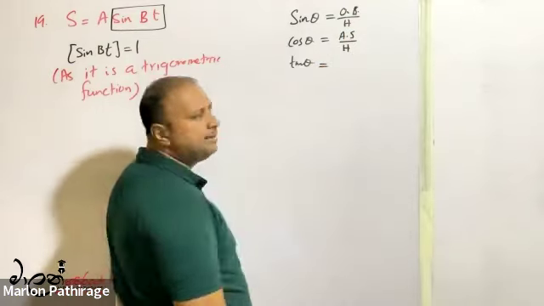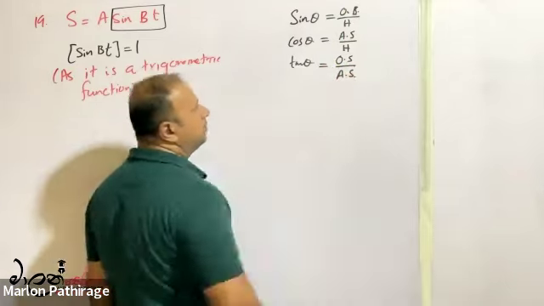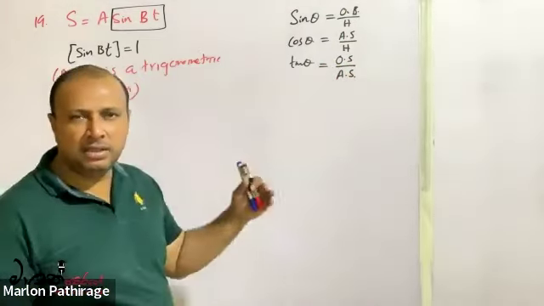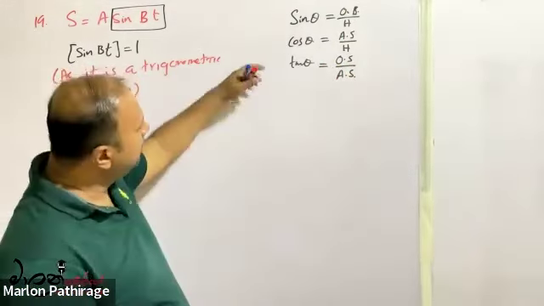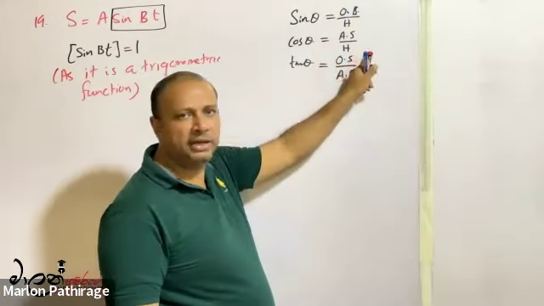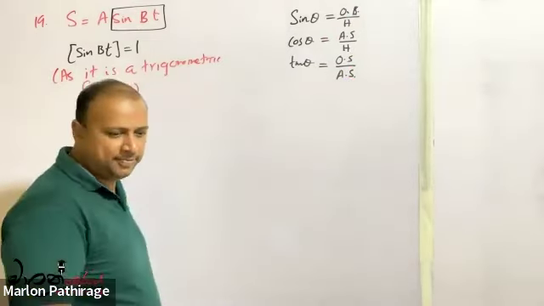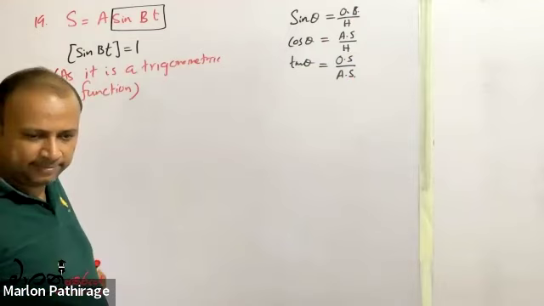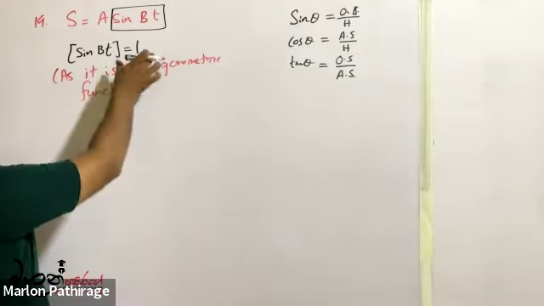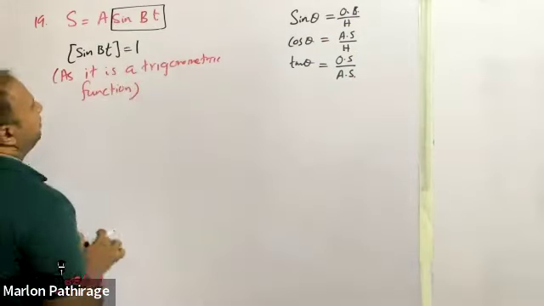Tan theta means opposite side over adjacent side. Therefore, in terms of dimension, you divide a length over a length, that means it is equal to 1. Due to this reason, any trigonometric function has no dimension.